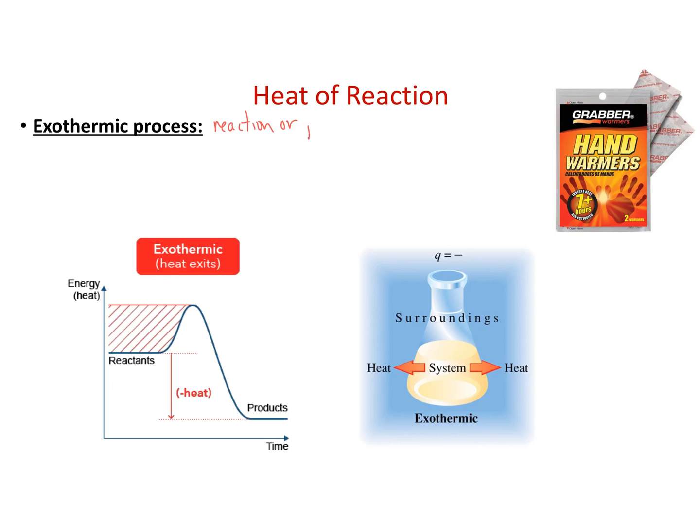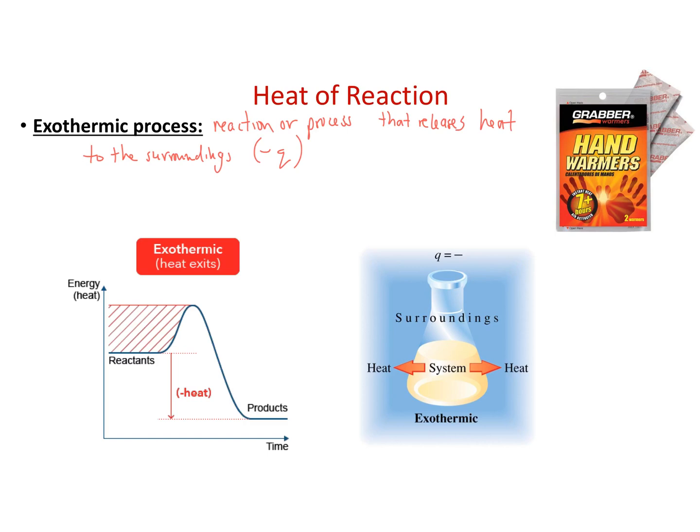An exothermic reaction is a reaction or process that releases heat to the surroundings. And so that would correspond to a negative Q, right? We're losing heat to the surroundings.